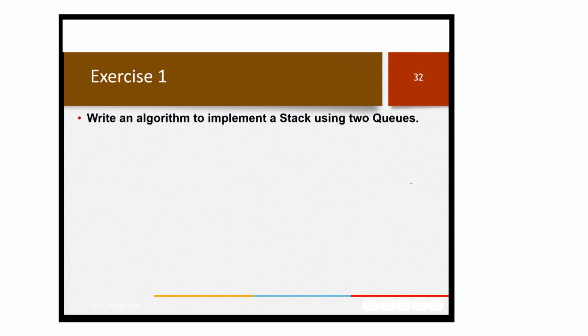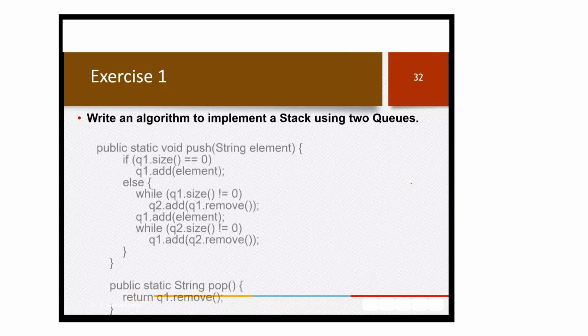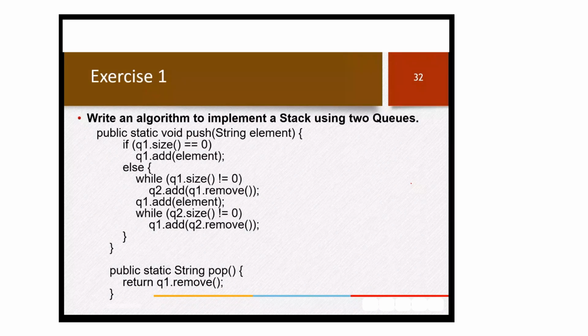Many things. Write an algorithm to implement a stack using 2 queues. So I'll leave it to you. I have the solution given here. You can try this. Of course, nowadays, you just put this in ChatGPT and you will get a solution, but you can't always depend on ChatGPT because I have many examples myself that whatever it gives, yes, it can be an assistant, it cannot replace.